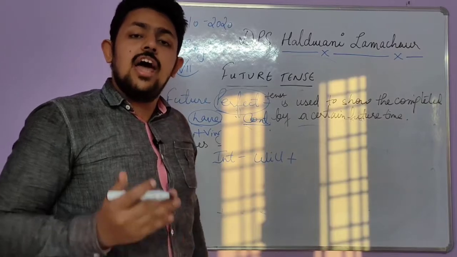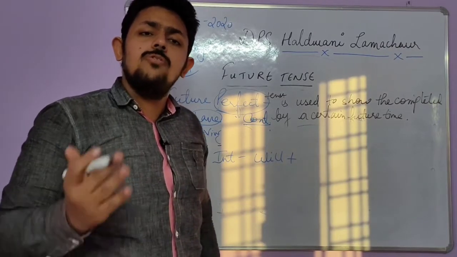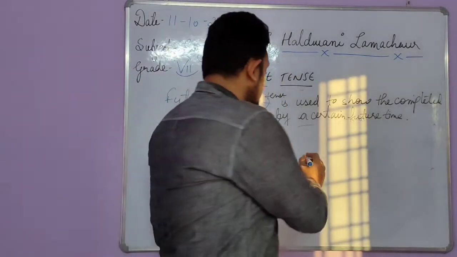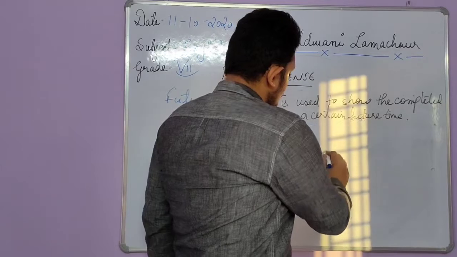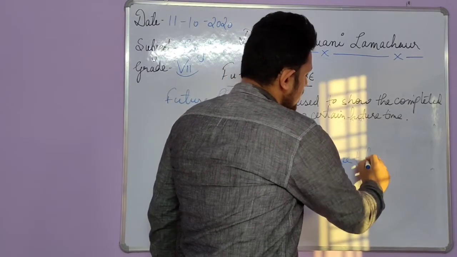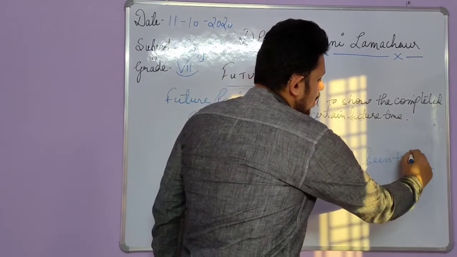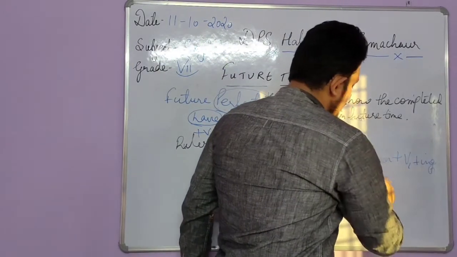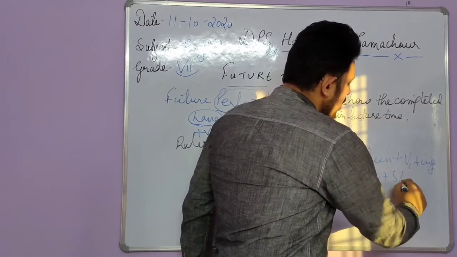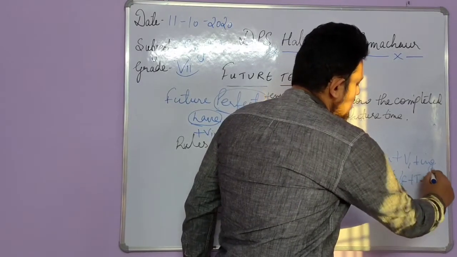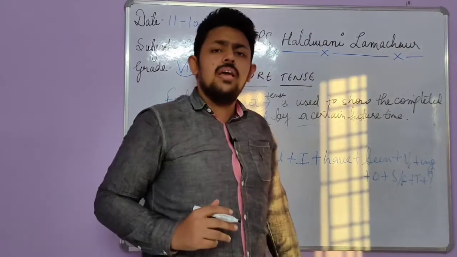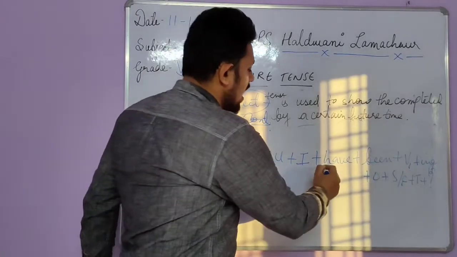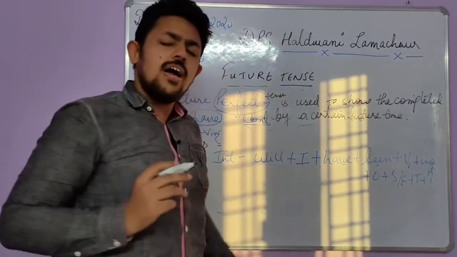Will I have been playing cricket for 5 hours? Say it along with me. Will I have been playing, the first form of the verb plus ing plus the object plus since or for plus time plus question mark. Will I have been playing cricket for 5 hours? Okay, very easy.